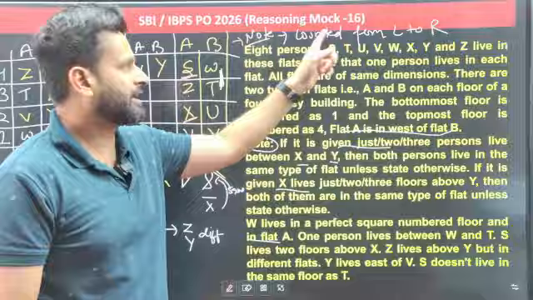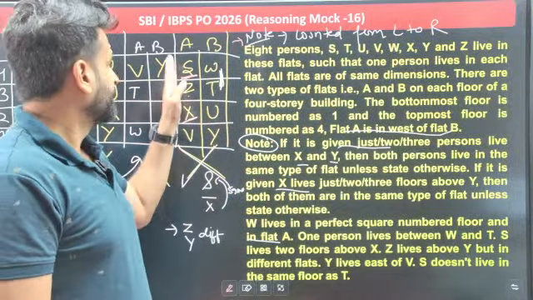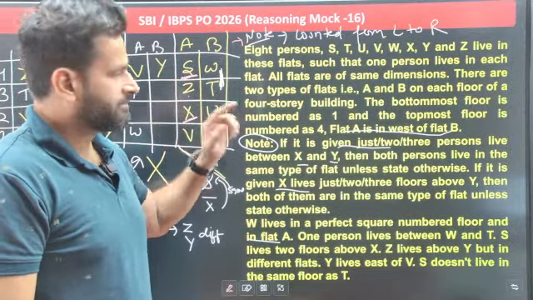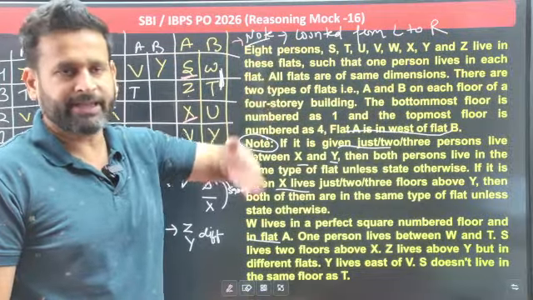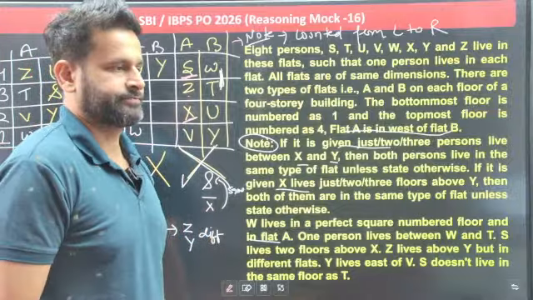If you consider counting from left to right, the number of persons between S and X is 3: after S, W, Z, T, 3. But according to this note, if the number of persons is given between any two, both are in the same flat. S and X, Z, only one person, Z.